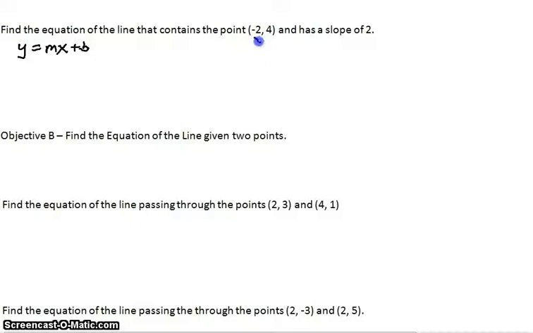You plugged this point in for x and y and used this point for m and then solved for b. You probably did something like this. And again, you don't have to write this down, but you probably plugged in 4 and you probably plugged in 2 and probably plugged in negative 2 and had a b here and you had to solve it.